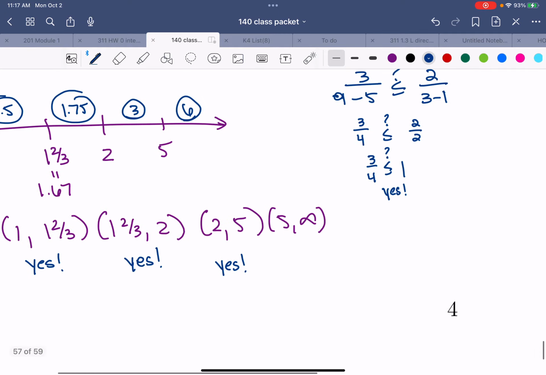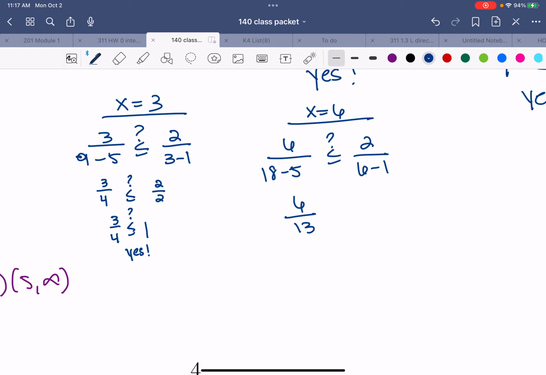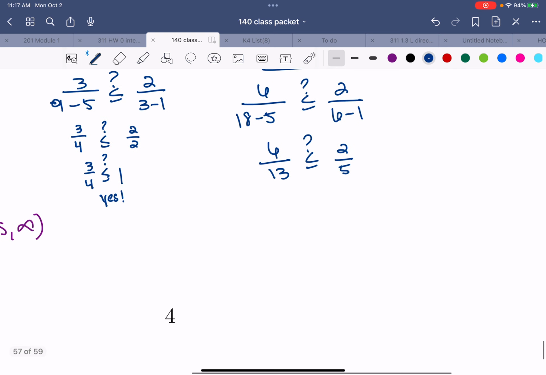And then we want to look at 6. So for x equals 6, 6 over 3 times 6 is 18 minus 5. Is that less than or equal to 2 over 6 minus 1? So we have 6 over 13. Is that less than or equal to 2 over 5? All right, and let's see.